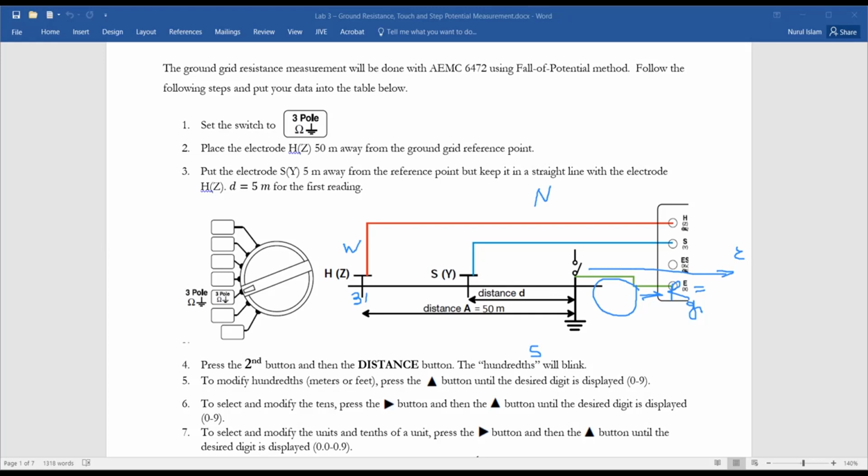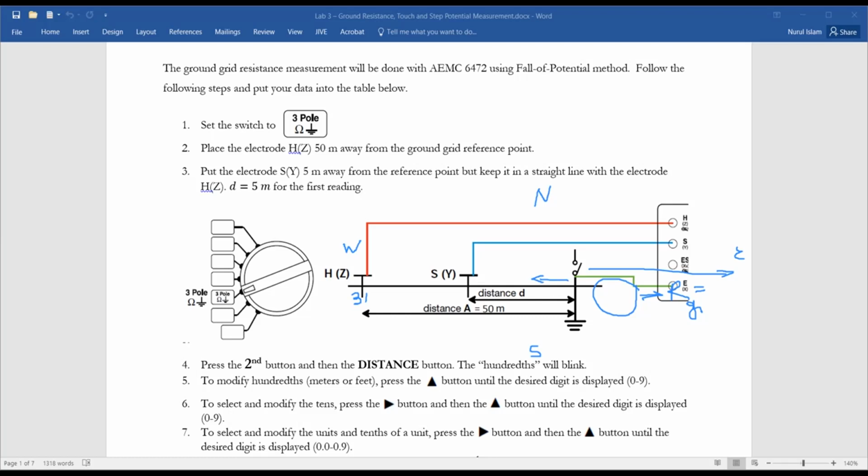Now in between the grounding grid and this auxiliary electrode through which we are injecting current, we are using our voltage measuring electrode. So we are moving from the reference point to the west. Now my question is, I don't want to go to the west.